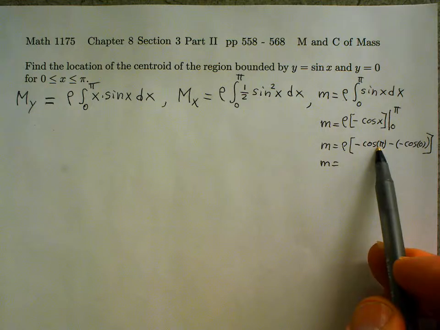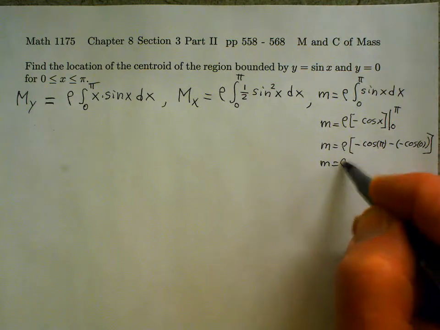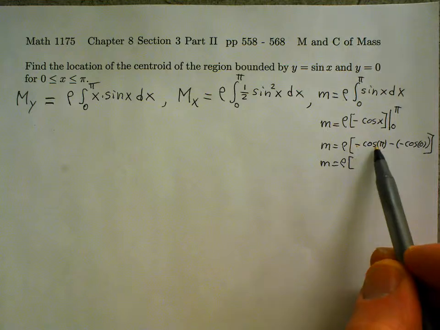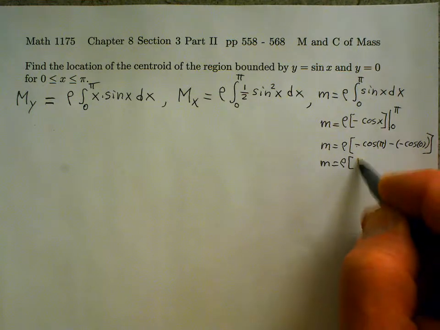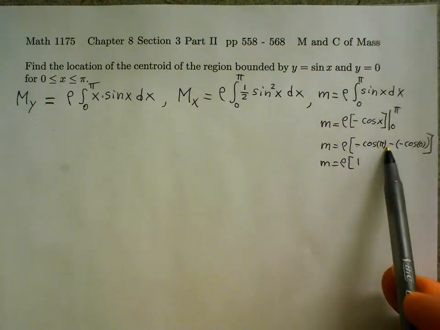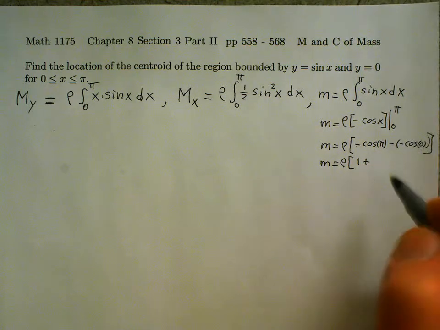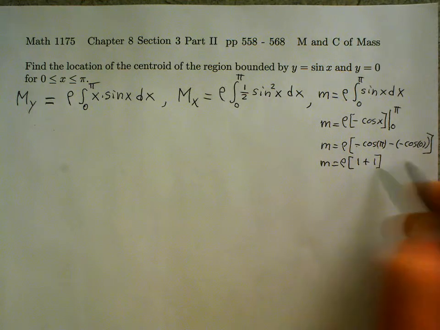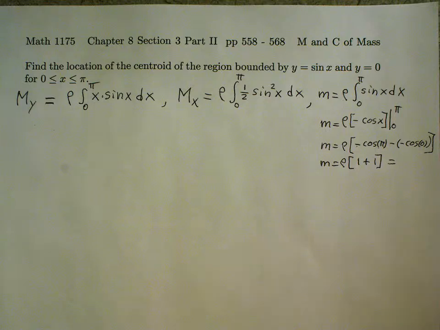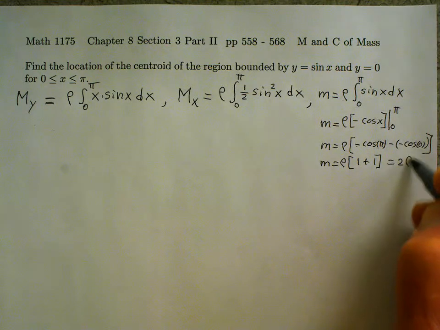Cosine of pi is -1, so the negative of -1 is 1. And we're subtracting a negative, so that means we're adding the cosine of 0, but the cosine of 0 is 1. And so the mass is 2 times rho.